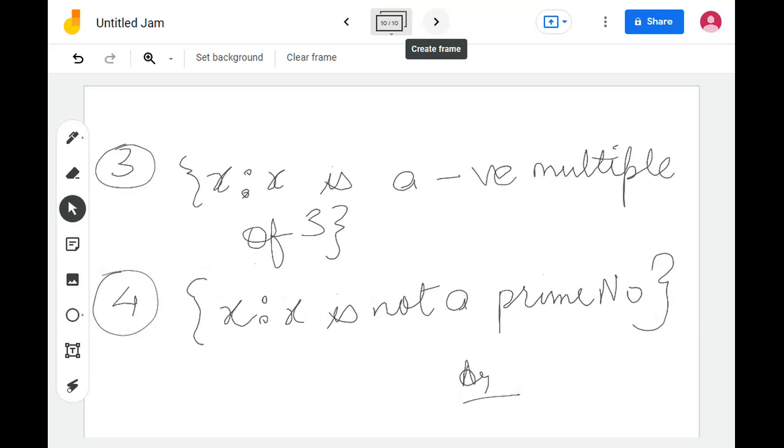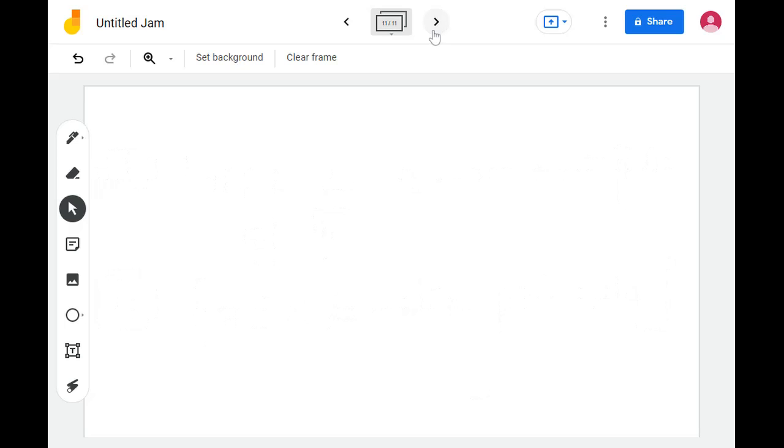Okay, now we are shifting to the fifth part of this question. The fifth part is x such that x is a natural number divisible by 3.